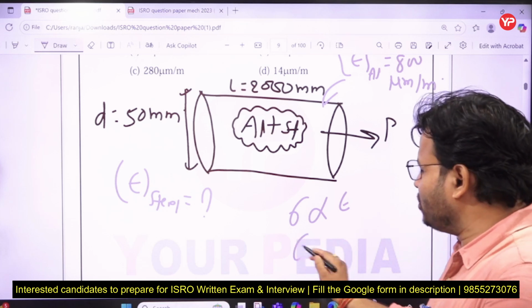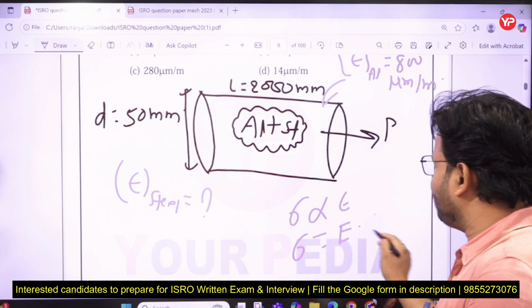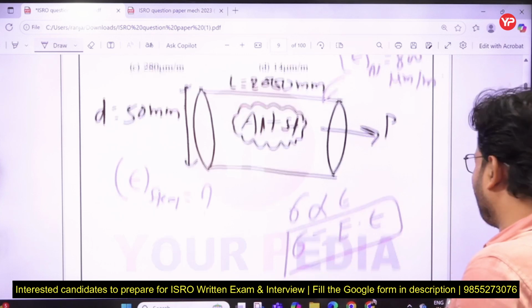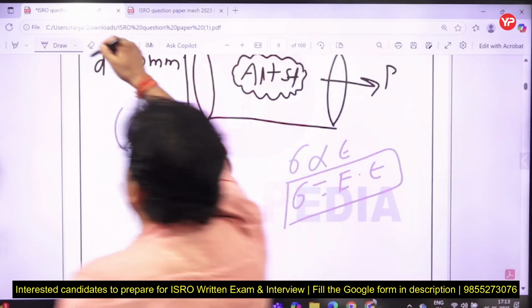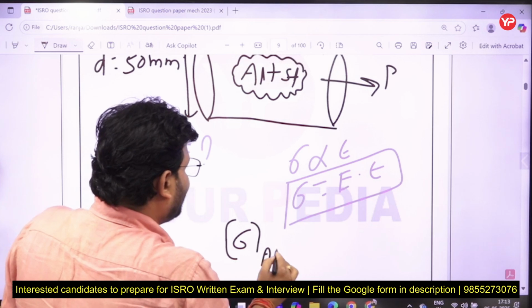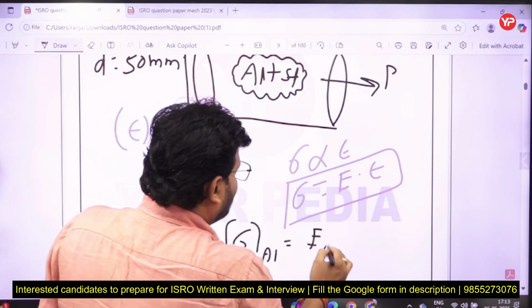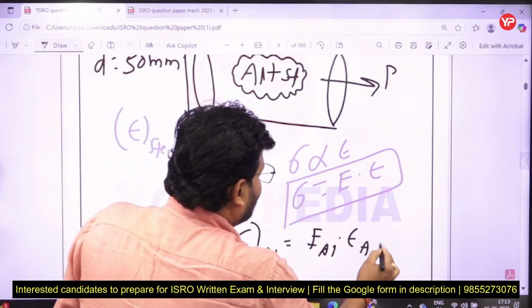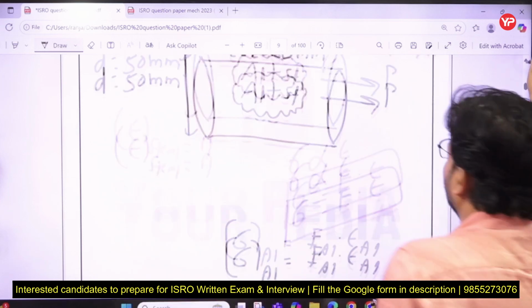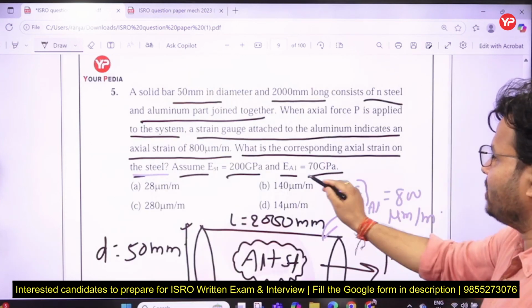So stress is equal to E times epsilon, right? In the question, if I have to calculate the stress in the aluminum, it will be E of aluminum multiplied by epsilon of aluminum. E of aluminum is known, 70 gigapascal.